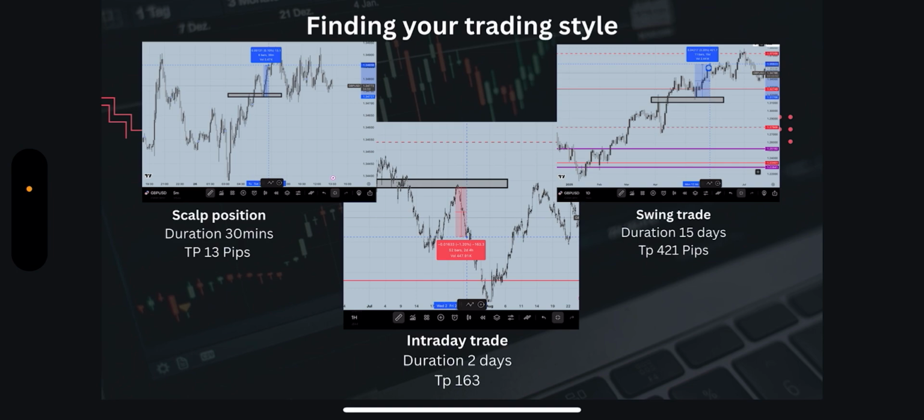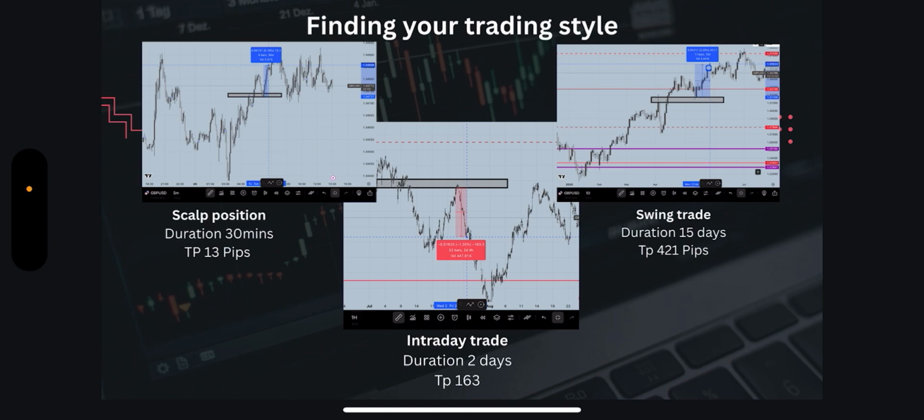With this intraday trade, this lasted 2 days, and 163 pips were collected. And then for the swing trade here, swing traders can last days, weeks, months, depending on what they're looking at for their position. With this swing trade, this lasted 15 days and 421 pips were collected.